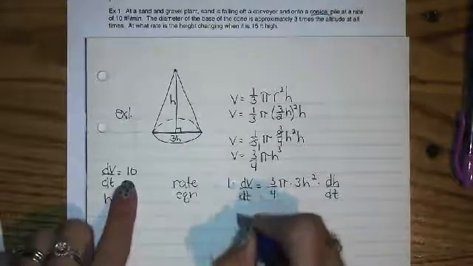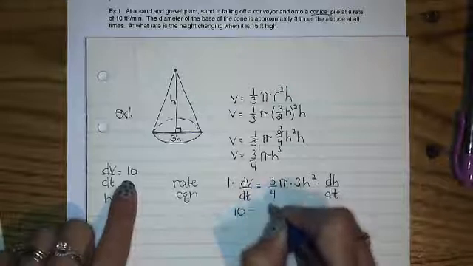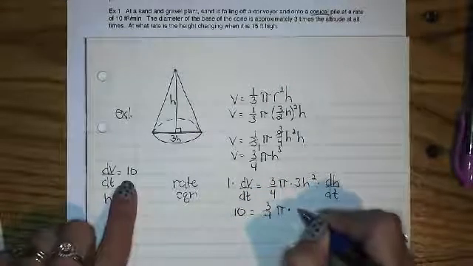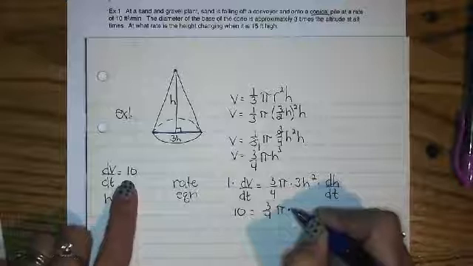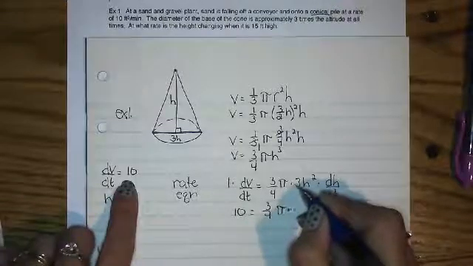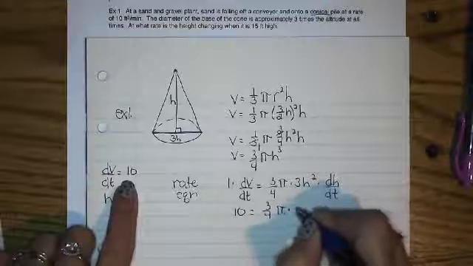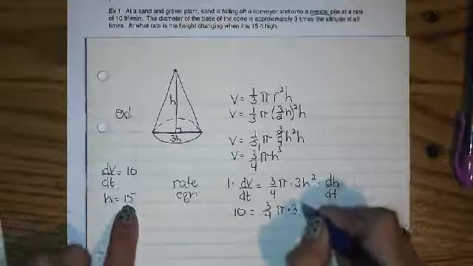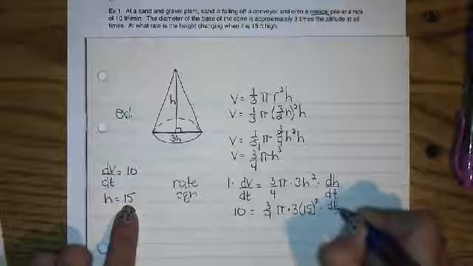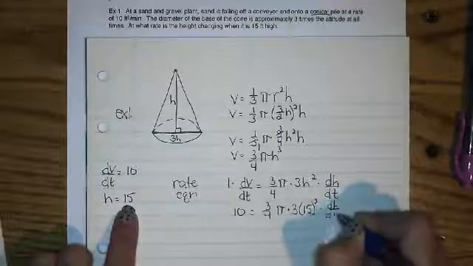So dv dt is getting substituted in with a 10 times 1, 3/4 pi times, oh, what did I screw up? Oh no, 3, height is 15 squared times dh dt.